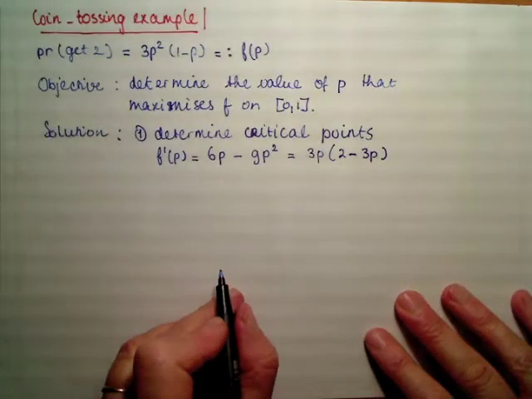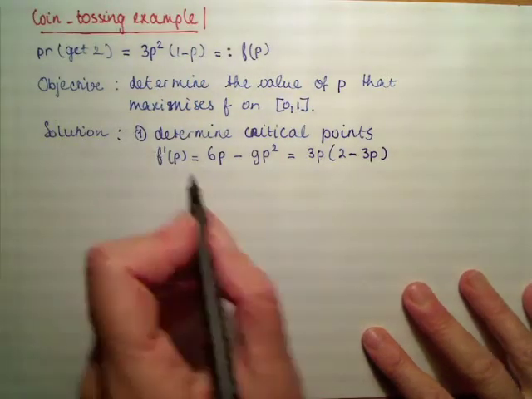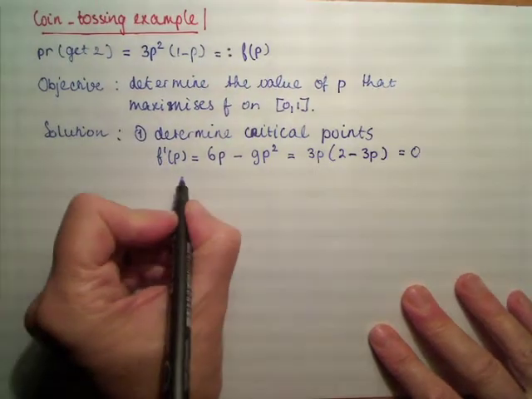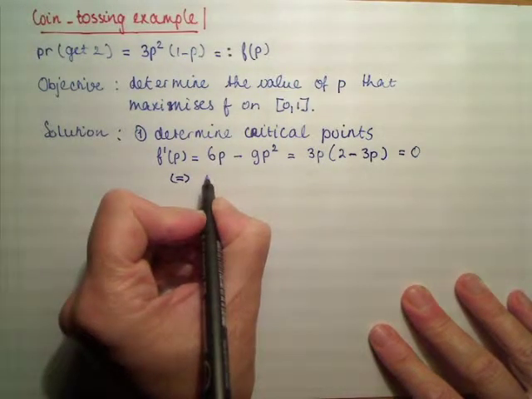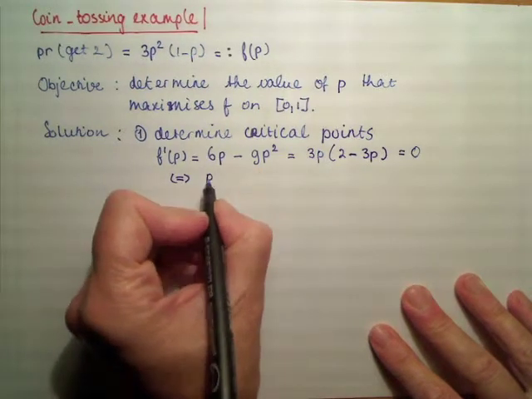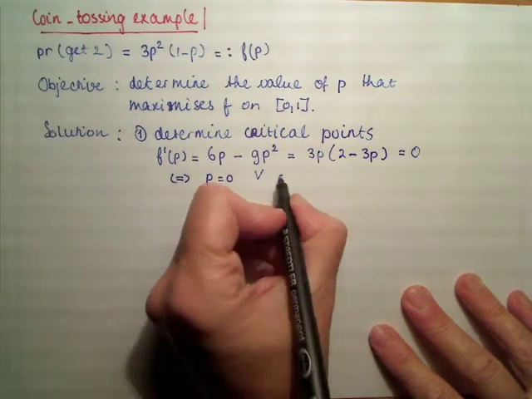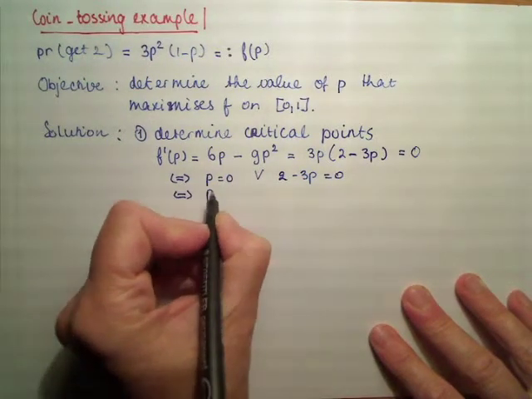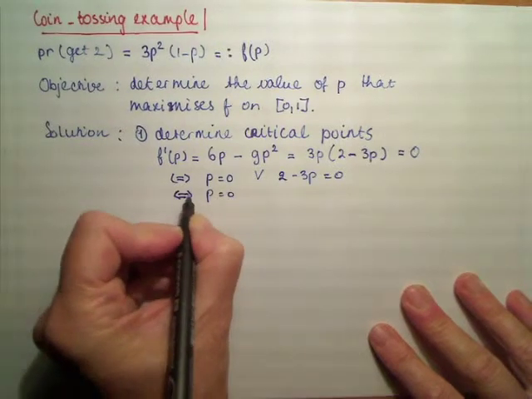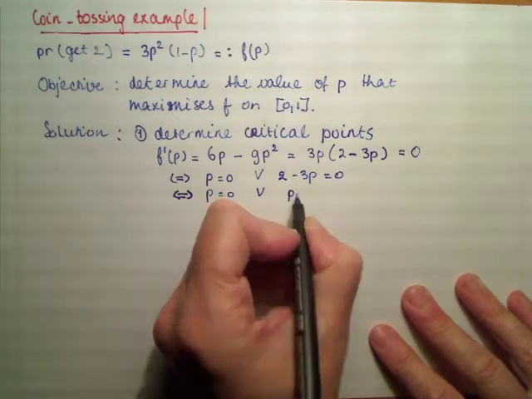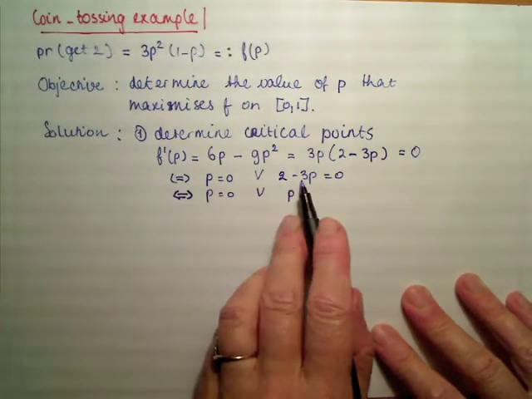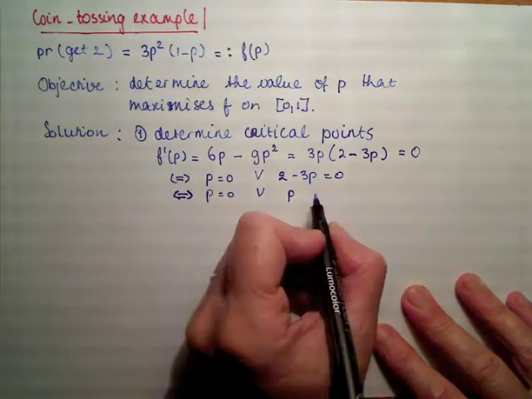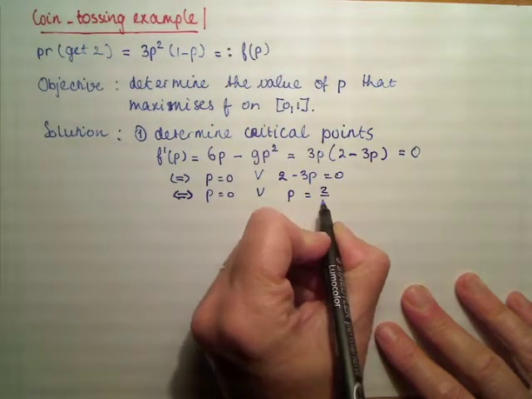Now, the critical points are the points where this derivative equals 0, so we have to equate this derivative to 0, and this is the case if and only if the first term is 0, so p equals 0, or the second term equals 0, that is, 2 minus 3p is equal to 0, so 2 equals 3p, and that means that p is equal to 2/3.